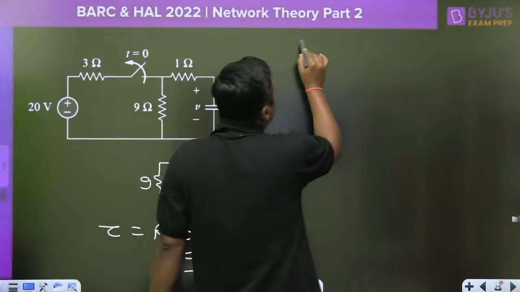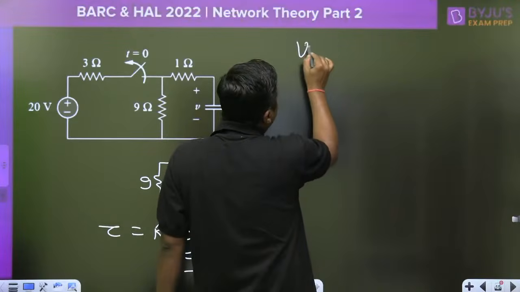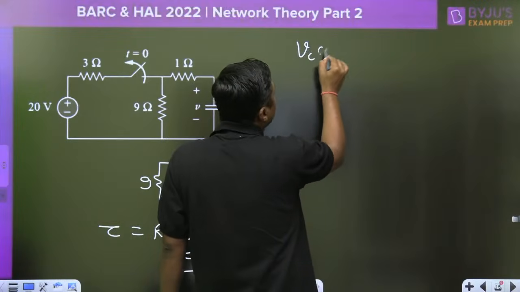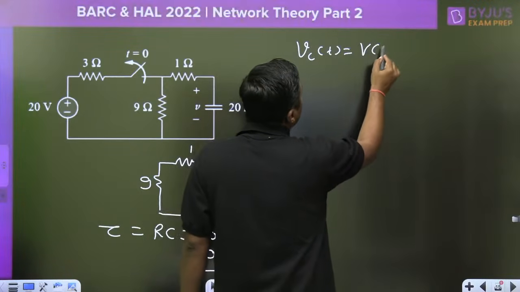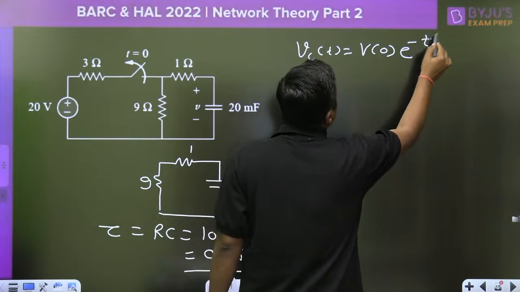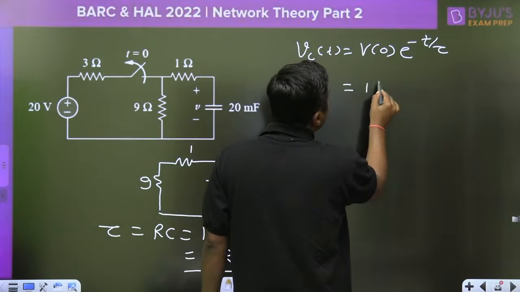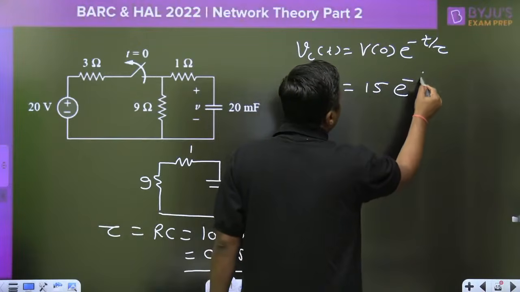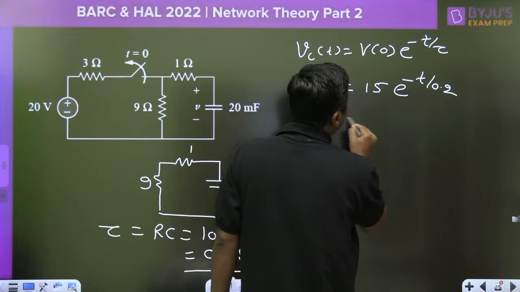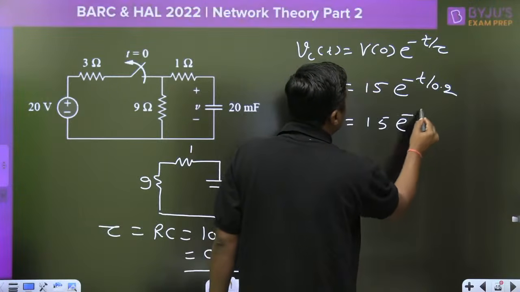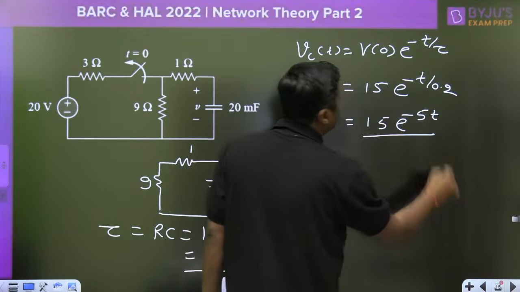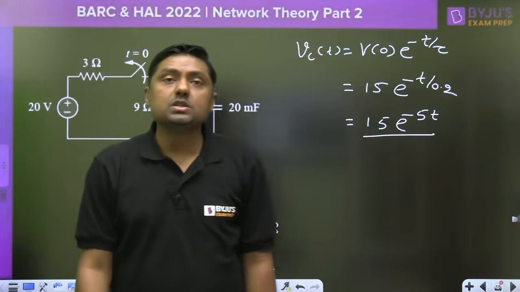What is the formula? Because it is a source free circuit, that's why the final value is 0. You can directly write initial value e raised to power minus t by tau. What is the initial value? 15 e raised to power minus t by 0.2, and you will get 15 e raised to power minus 5t.